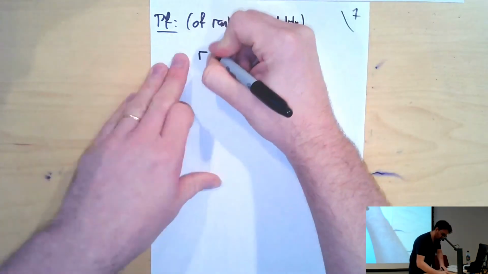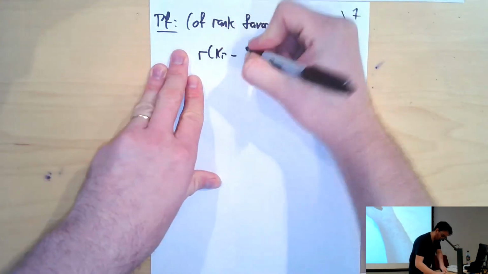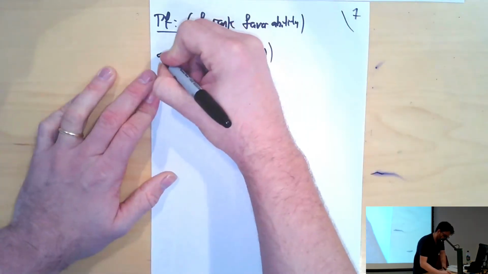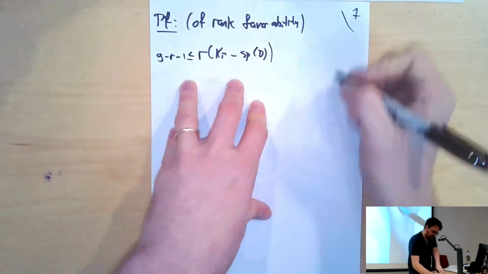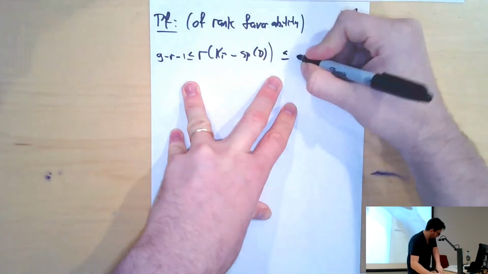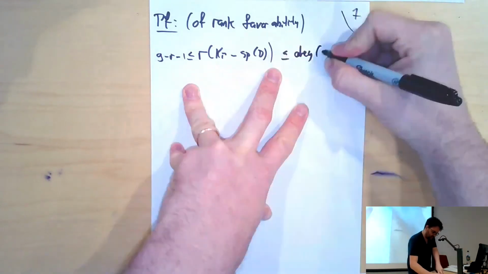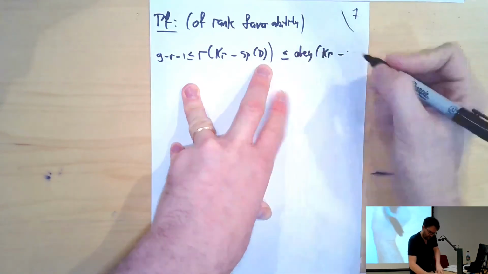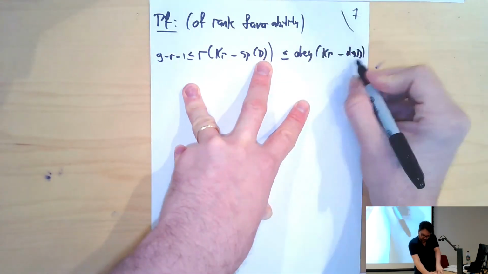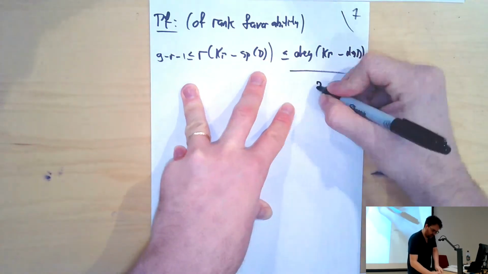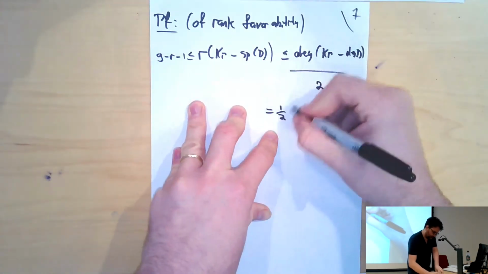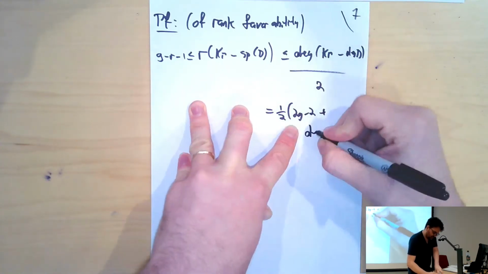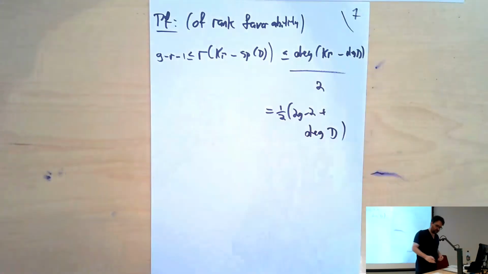So we have the rank of K gamma minus sp of D is, on the one hand, at least G minus R minus 1, and on the other is at most the degree of this gamma minus, well, the degree of sp D is the degree of D. This is what we're trying to bound in the proof over Q, and it's really the same proof. Plus the degree of D. So you just collect.